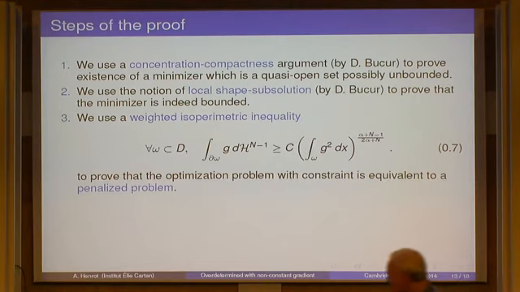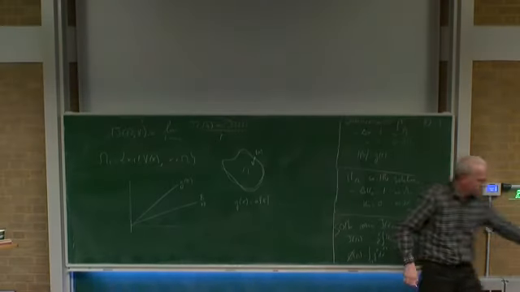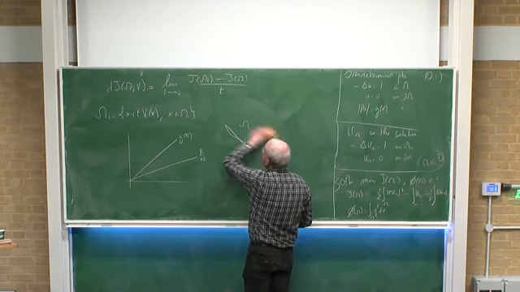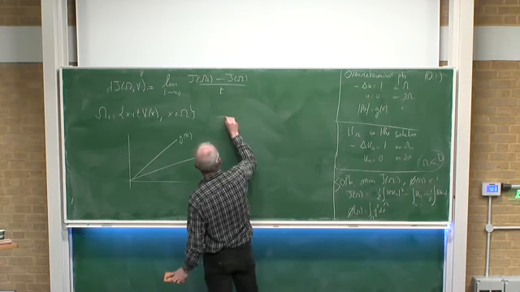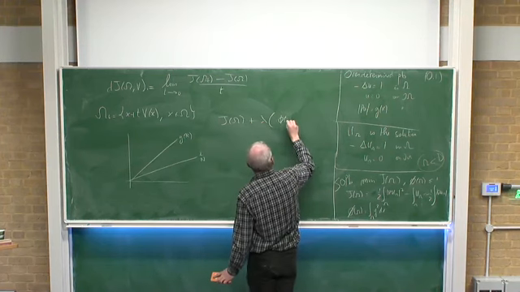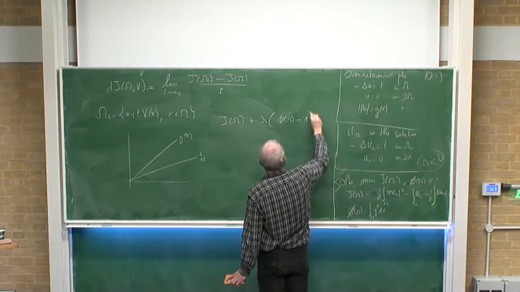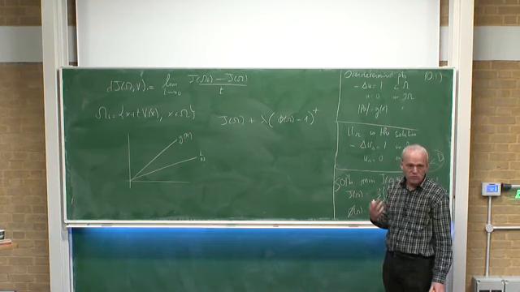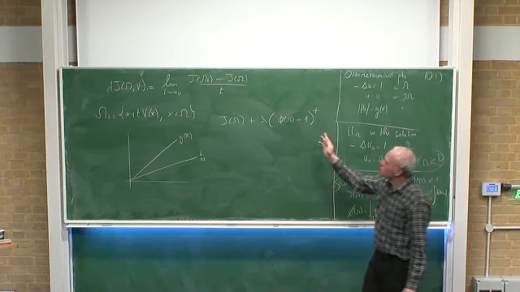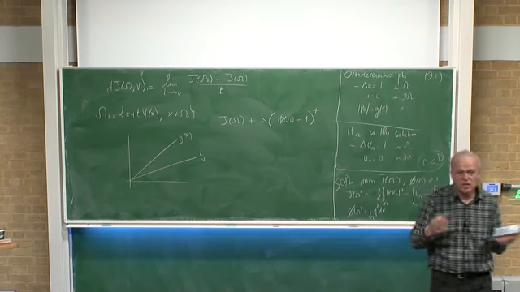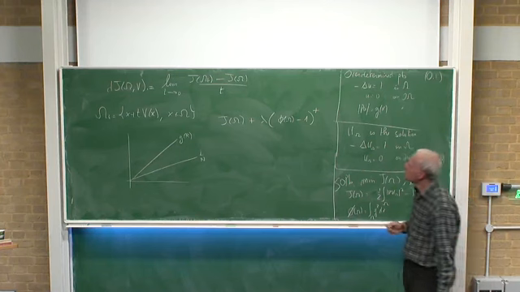So instead of minimizing J with a constraint, it's very convenient when you can replace the problem by an unconstrained, penalized problem like that, because if you are able to do that, you will be able to make perturbations without taking care of the constraint, of course.